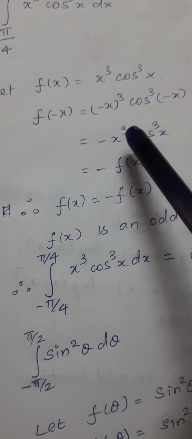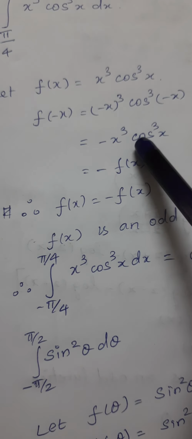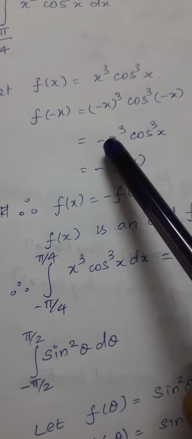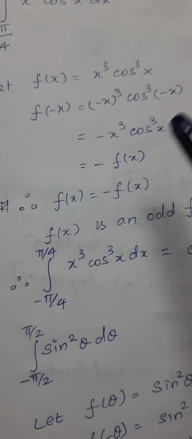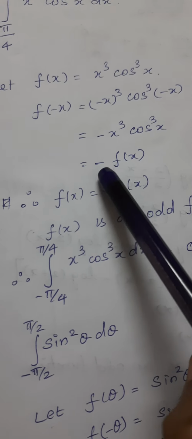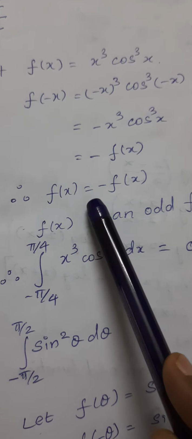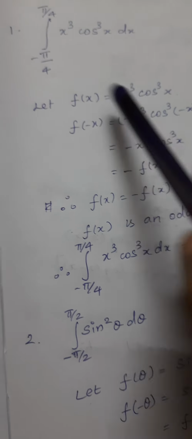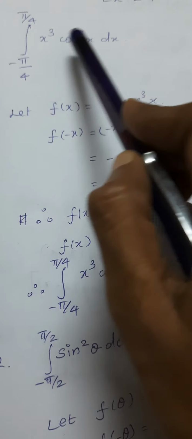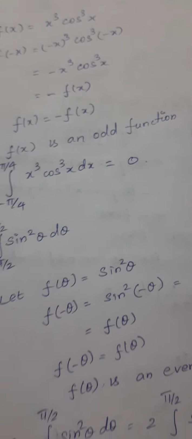So minus x cube cos minus theta is cos theta, so cos cube x. So what is this x cube cos cube x? That is f of x, which is equal to minus f of x. Therefore, f of minus x is equal to minus f of x. Then, what is the power of this function? Cube. That is odd. f of x is an odd function.